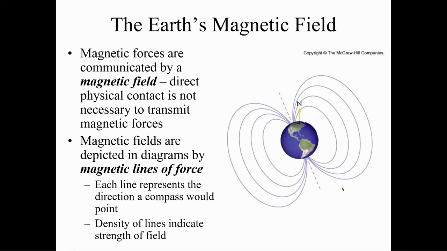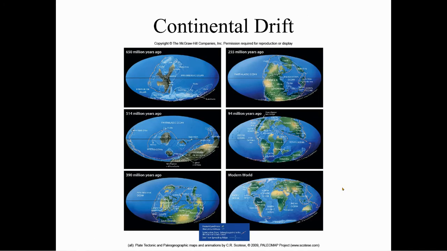Well, we know better than that now. We know it is plate tectonics. Plate tectonics, you guys, are fairly new. We're talking the 60s. They came up with the idea of plate tectonics in the 60s. So when I was in school, we weren't taught plate tectonics. We were taught continental drift, kind of crazy.